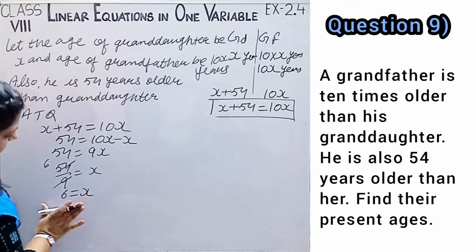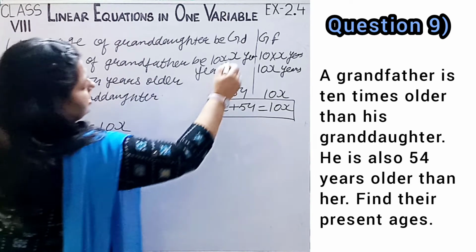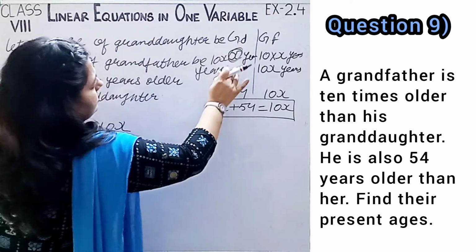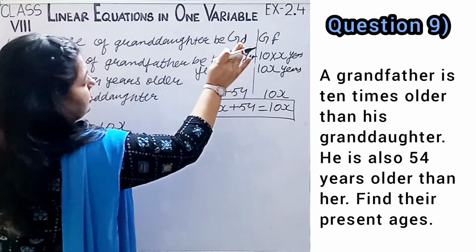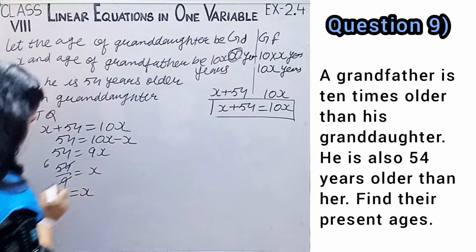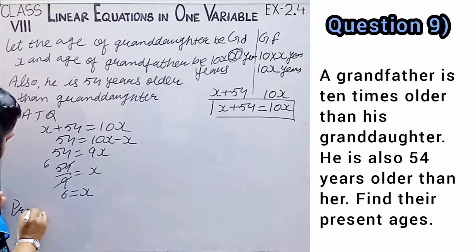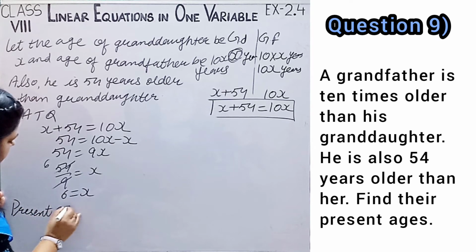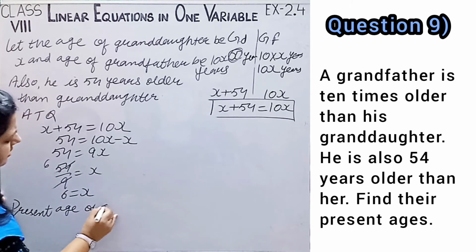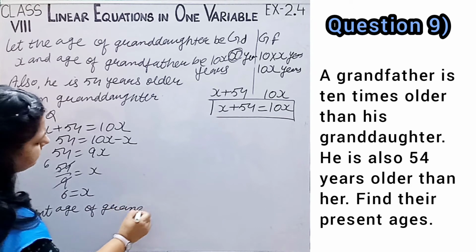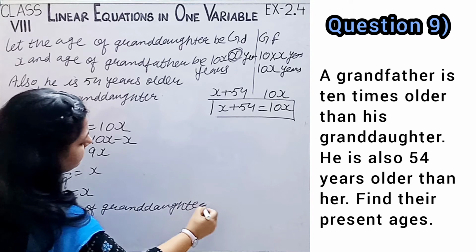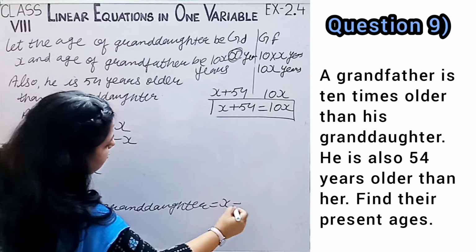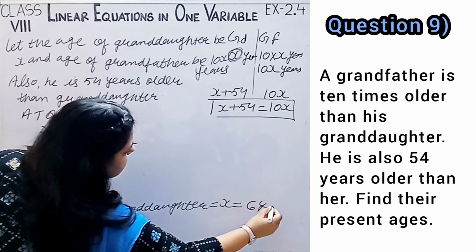It means age of granddaughter. We have taken x age here. So granddaughter's age is x and this is present age. So present age of granddaughter and x is equal to 6 years.